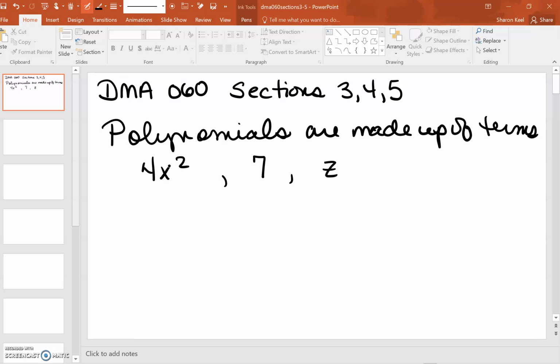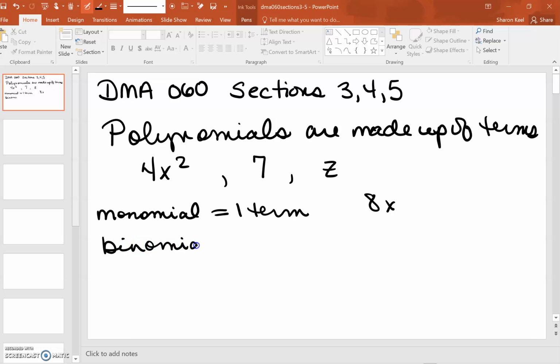There are special names for polynomials. A monomial has 1 term. So a monomial could be just 8x. A binomial is made up of 2 terms. So a binomial could be, let's say, 8x plus 9.